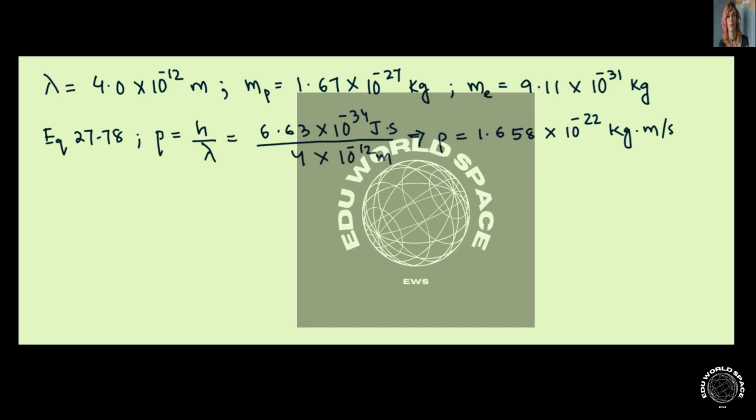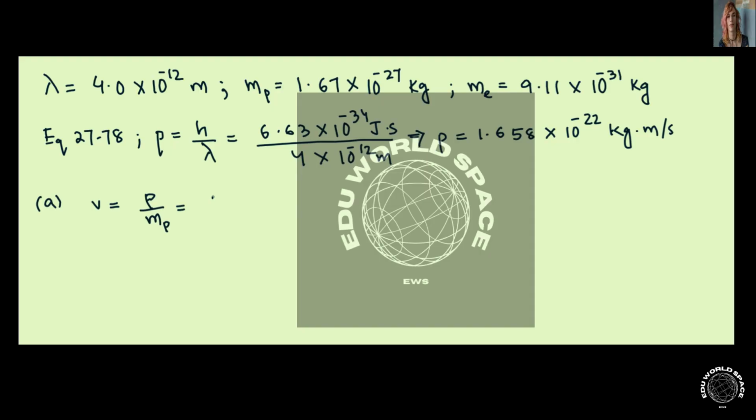Now, in part A, for the proton, we use the classical definition of momentum to determine its speed and kinetic energy. So velocity will be equal to momentum over mass of the proton.